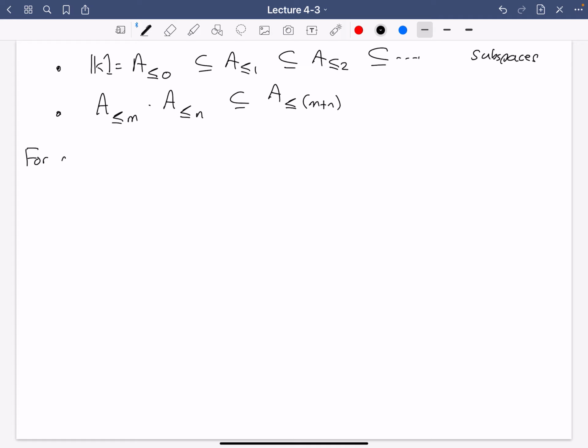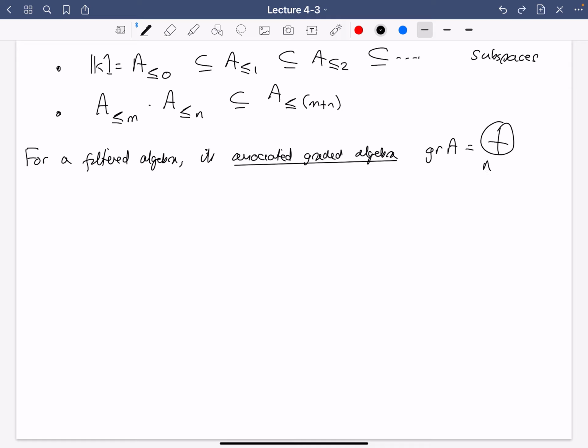Whenever you have a filtered algebra, you can talk about its associated graded algebra. And that's denoted gr A. So that's a graded algebra.